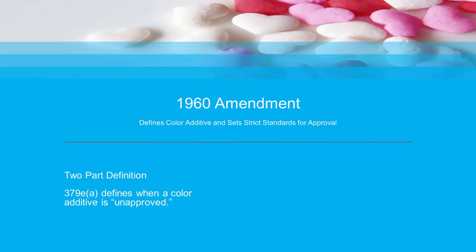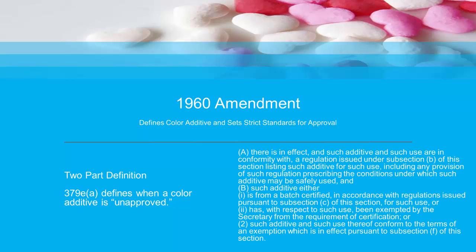So 379E subpart A defines unapproved color additive. And so here again, a big definition, but you see this two-part system emerge. You see in BI, batch certified, and then you see this concept of exempt from certification, and that's our primary method.